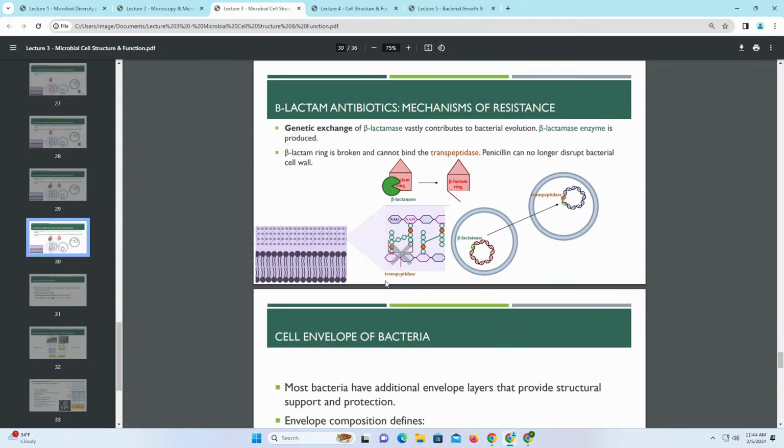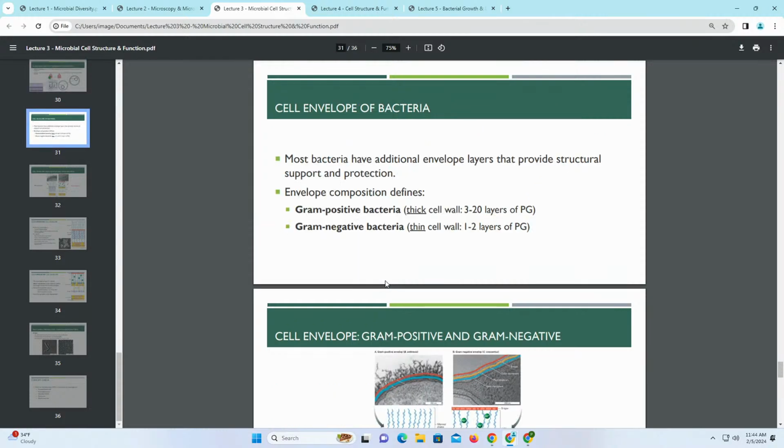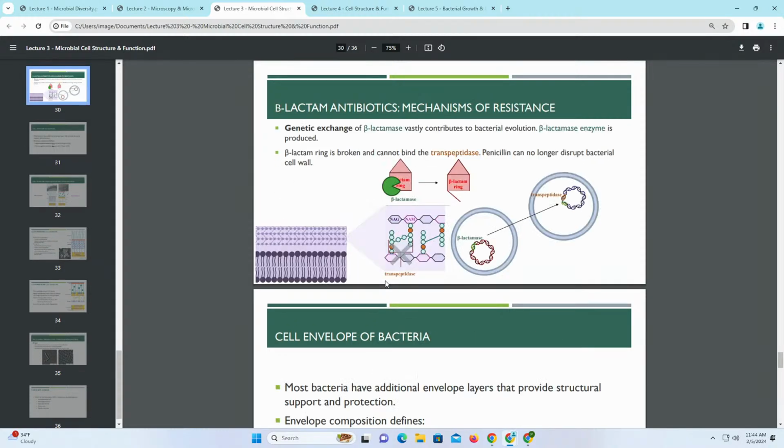That will then target the beta-lactam ring and break it open so that this beta-lactam ring can no longer bind to the transpeptidase. The transpeptidase here isn't a different shape, but this just cannot bind here anymore. Those are the two mechanisms of resistance.